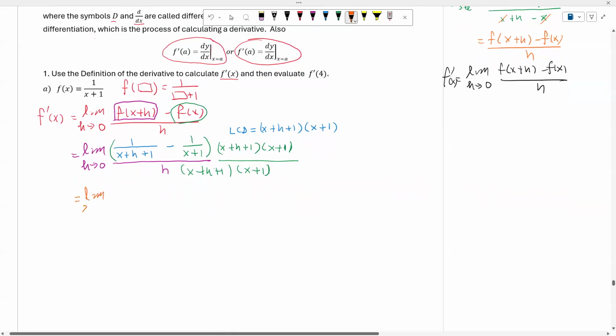It is equal to the limit as h approaches 0, then this term multiplied to this whole thing.